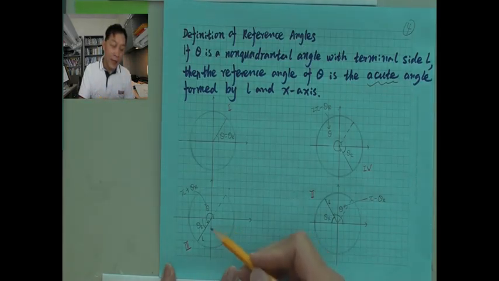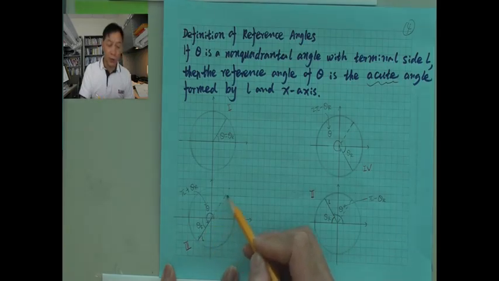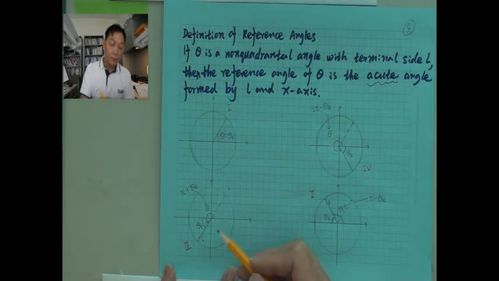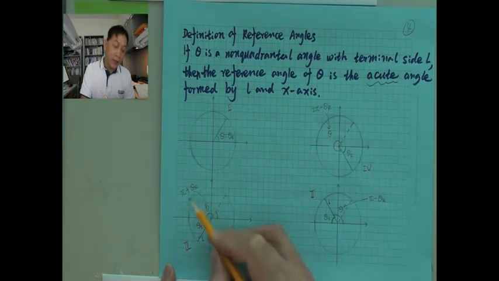Again, I like to extend this line to the first quadrant. And then you can see that this angle theta actually equals this one, the reference angle plus pi.